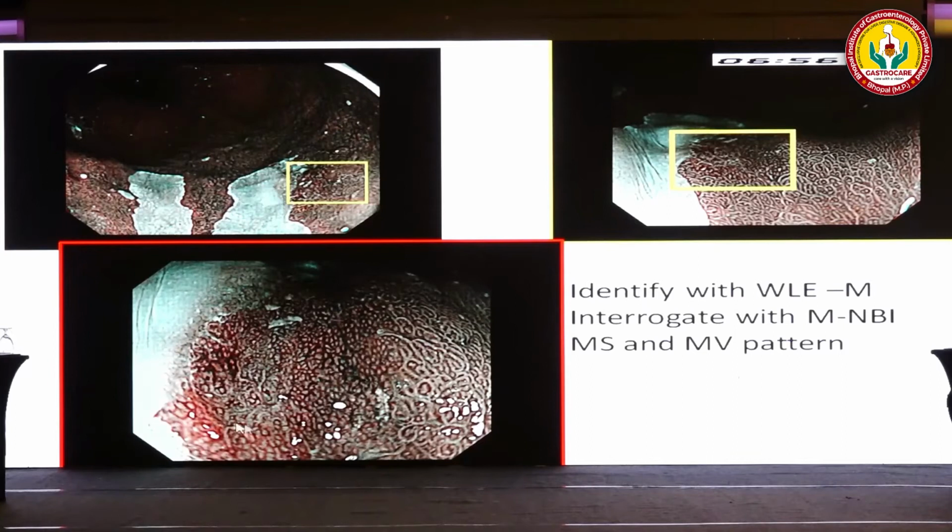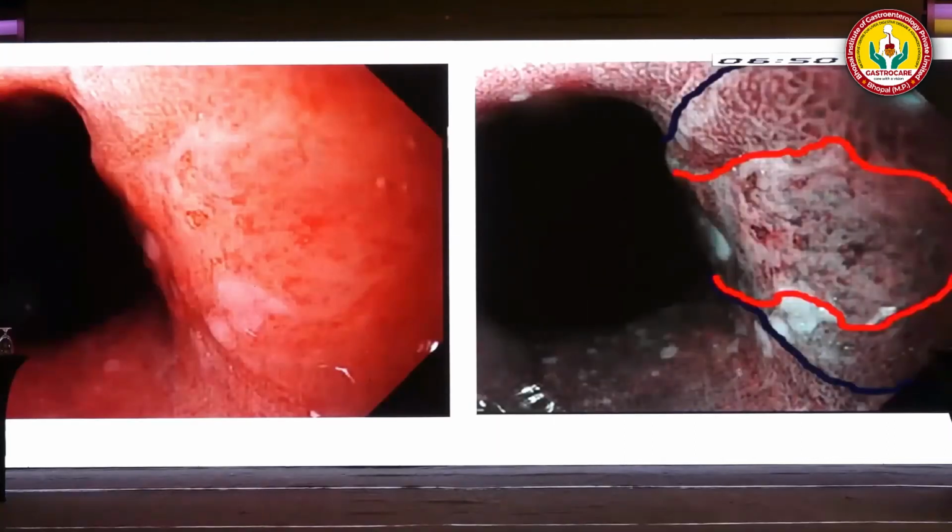So this definitely is high-grade dysplasia in normal. Again, white light endoscopy shows you this is normal, this definitely is an abnormal area, and on NBI you can appreciate these vessels even better. You can see it on white light as well, but NBI just makes it a little more easy.